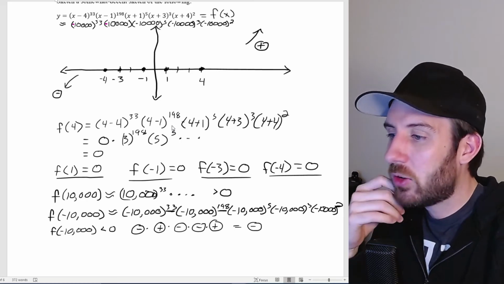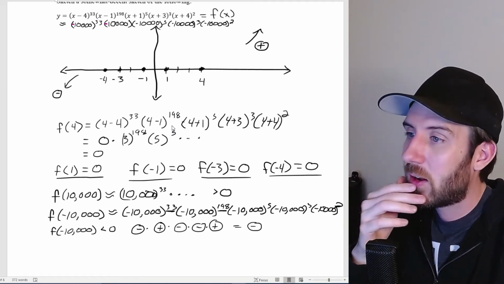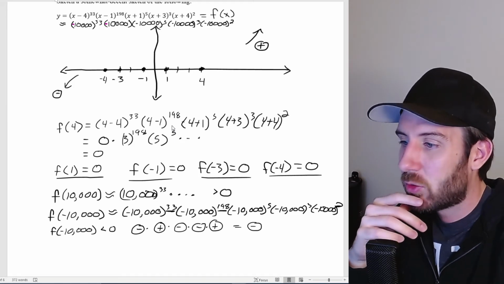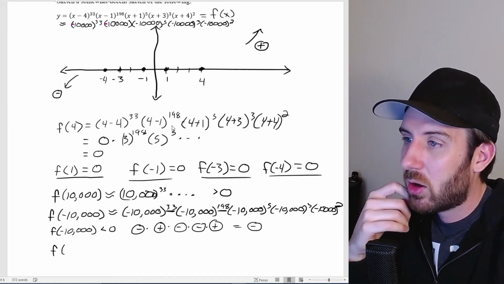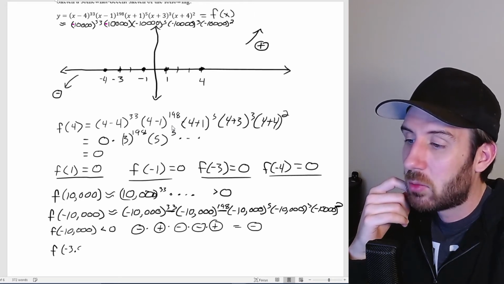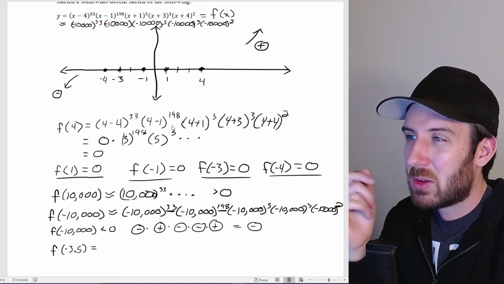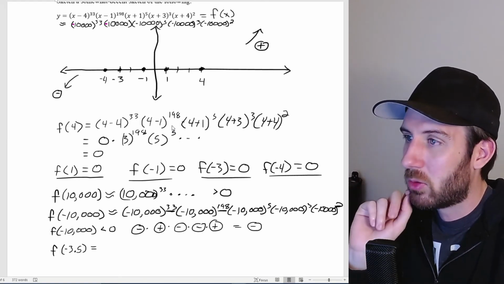Okay, let's think what else we have. Could we choose some test points? Could we choose exactly what's going to happen, like between the negative 4 and the negative 3? Like, could we do something with f of, I don't know, negative 3.5 and plug that in? Okay, well, let's try it. Why not? This one is going to be a little bit more manageable, so we should probably plug it in exactly.